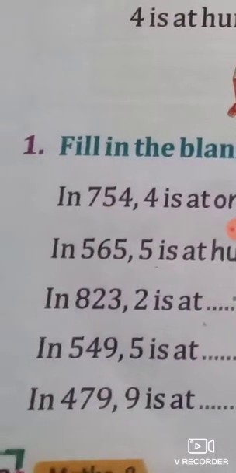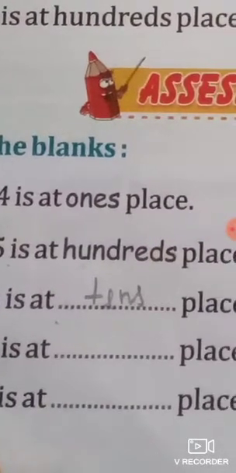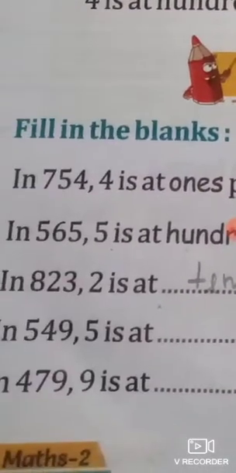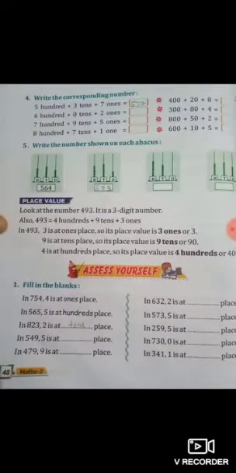Okay, then in 823, 2 is at 10's place. Okay, so children, you can write, and you can fill the rest of the blanks yourself, because it is very easy to fill.